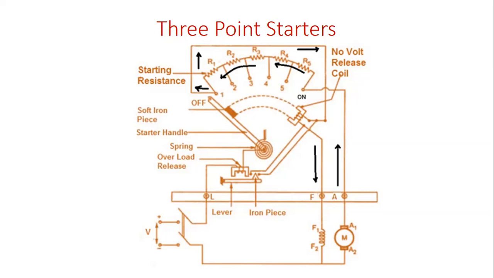So it behaves as an electromagnet, such that the lever will be moved upward. Previously, this triangle will not be having any contact with this circuit. See, there we can see a gap between these two points as well as the iron piece.